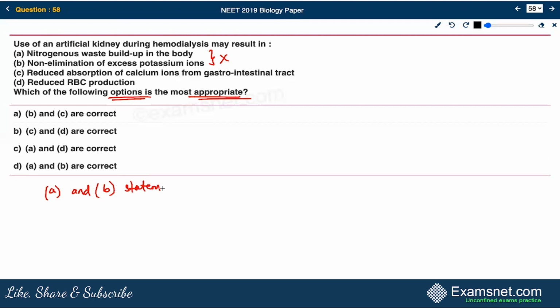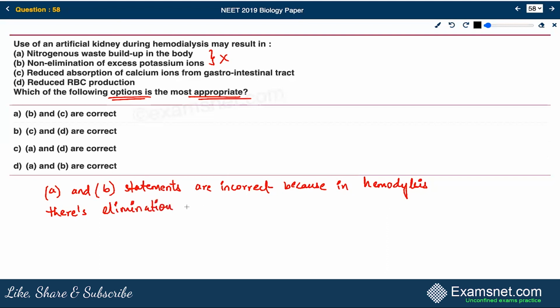are incorrect because in hemodialysis there is elimination of urea and potassium ions from the body.